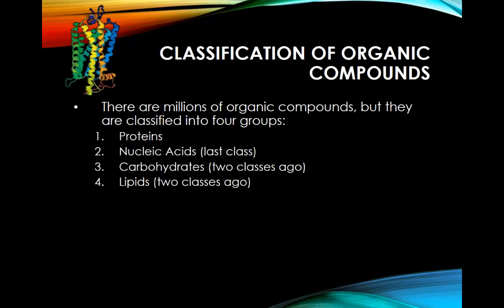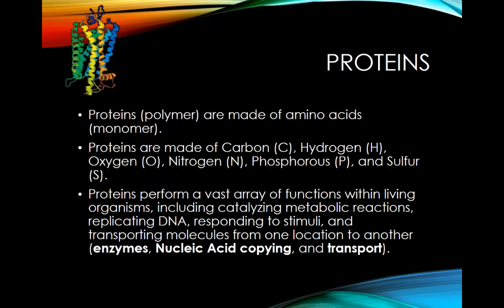Now when we start looking at proteins, proteins are the polymer, and they are made up of a smaller subunit known as an amino acid. This is the monomer. Proteins are made up of carbon, hydrogen, oxygen, nitrogen, phosphorus, and sulfur. That's right, all six of the organic elements that I identified for you.